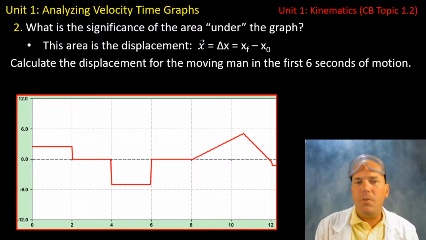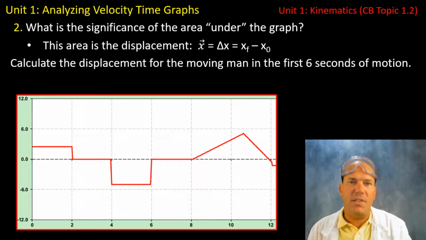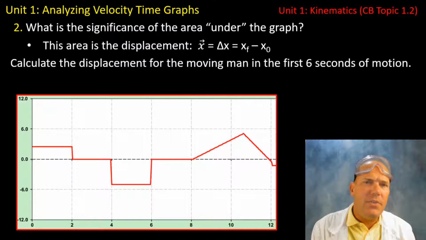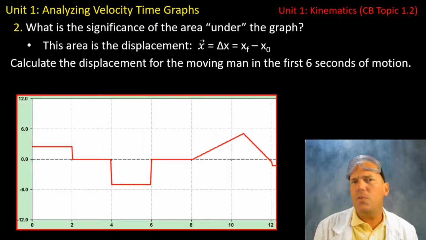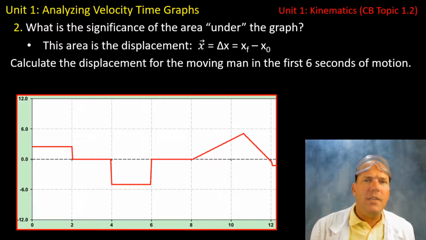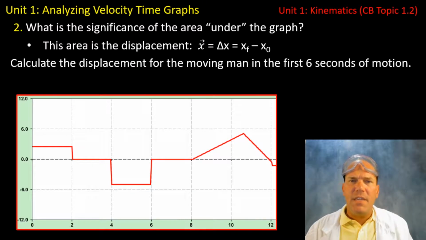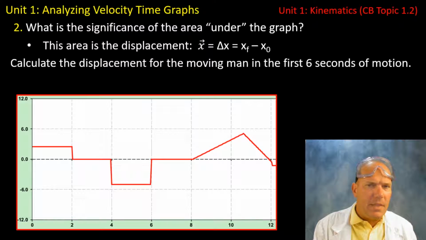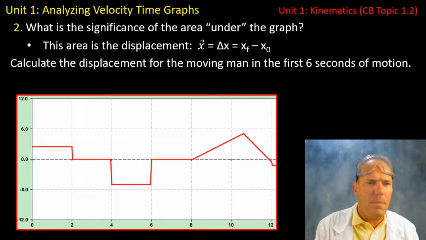I'm going to teach you how to use this graph to find the displacement or change in position. I'm also going to teach you how to use this graph if you were asked to calculate, say, the final position given a graph. That's coming up here in a couple minutes.